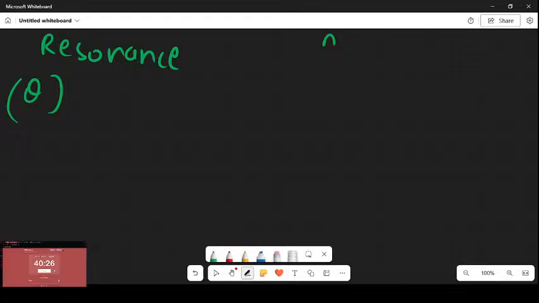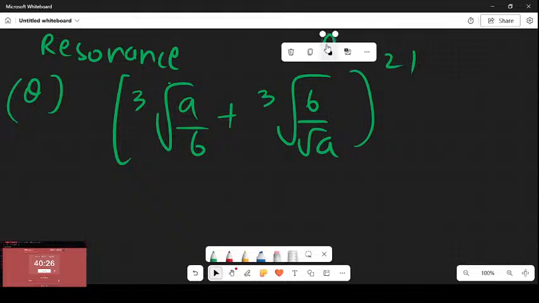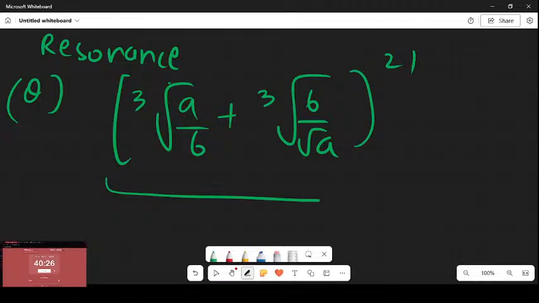So in the question it states that in the expansion of, so this is the expansion. So this is the expression which they have given to us.